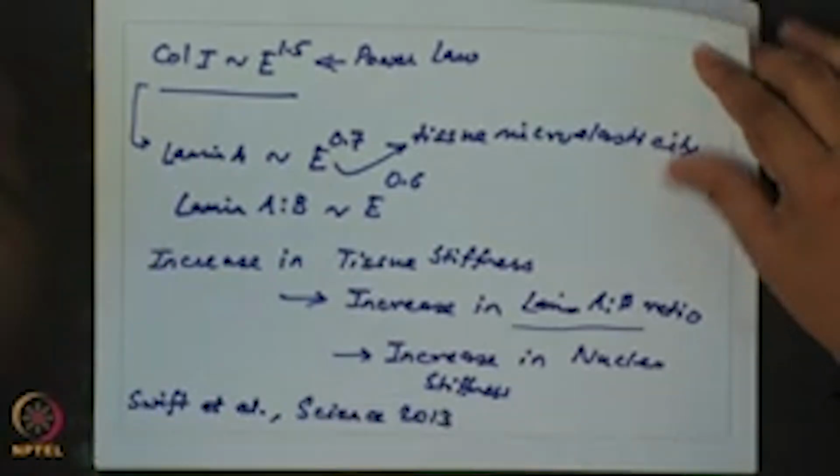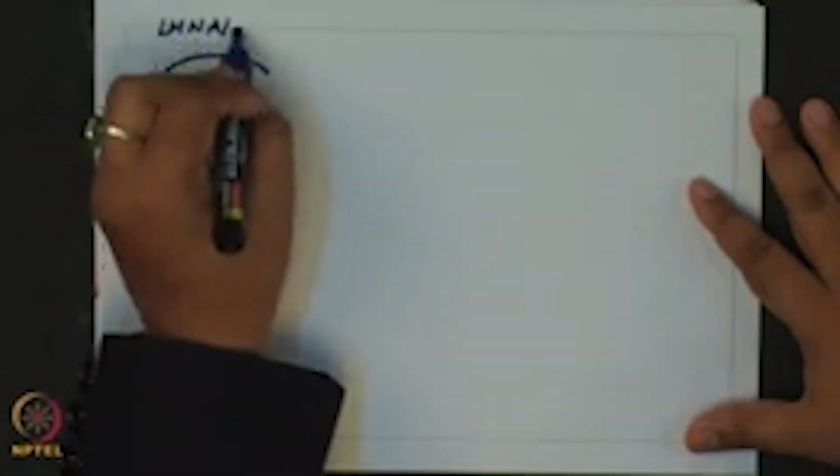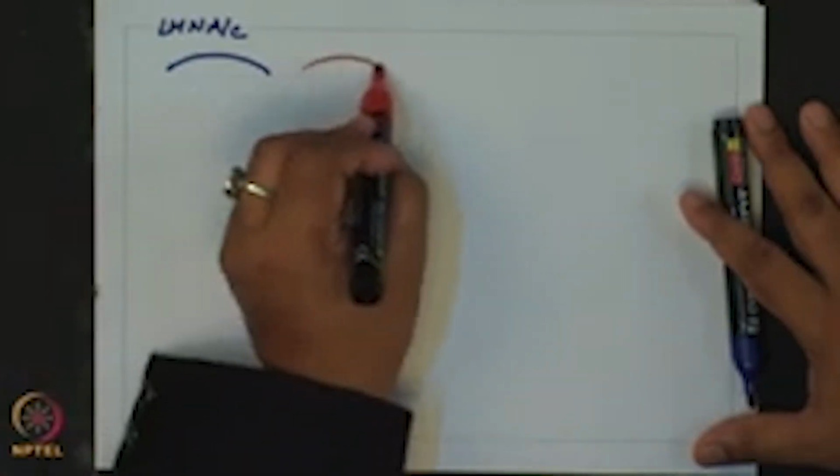What the authors also showed in this study is that when they look at the nuclear membrane, let us say this is my Lamin A staining and this is my Lamin B staining.